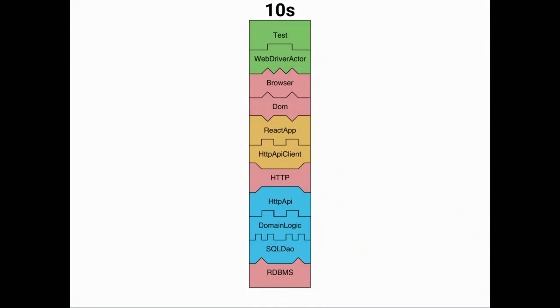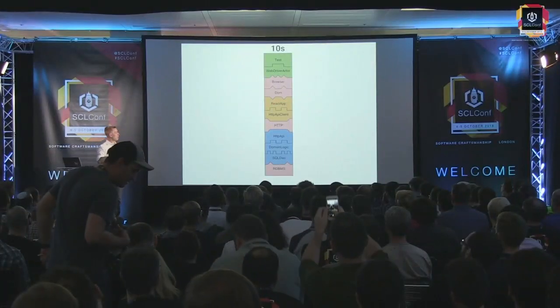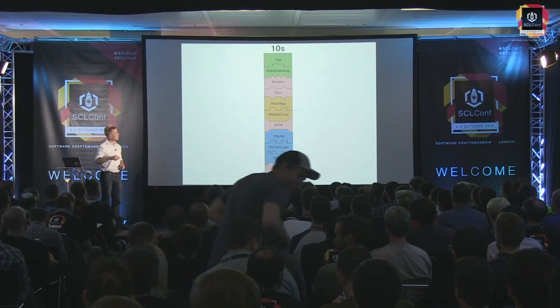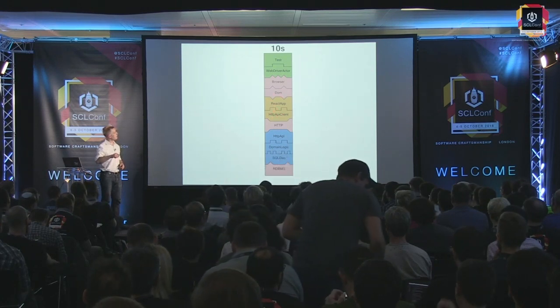Down here, you've got a database, some data access object, DAO, some domain logic, and then a bit of HTTP API, maybe some sort of Spring Boot or Express or Rails or whatever. And then you've got some HTTP. And then the orange stuff, that's your client. So maybe there's a React app or a Vue app or something. And it talks to HTTP through this client here. And then it runs inside of a DOM.